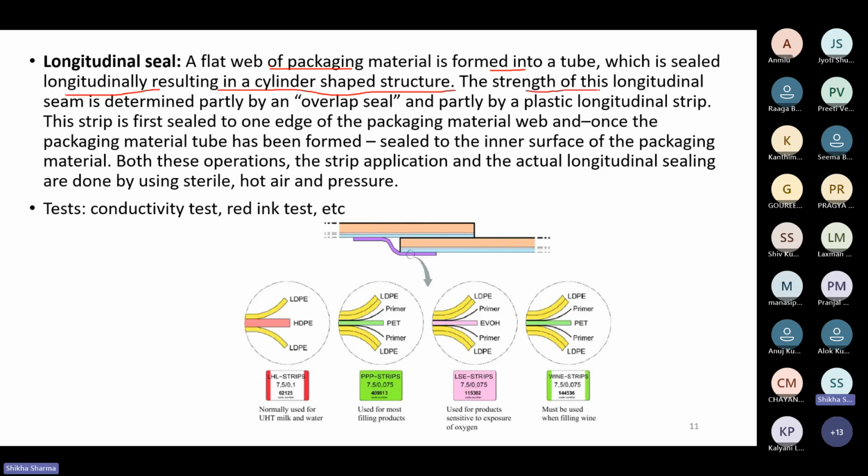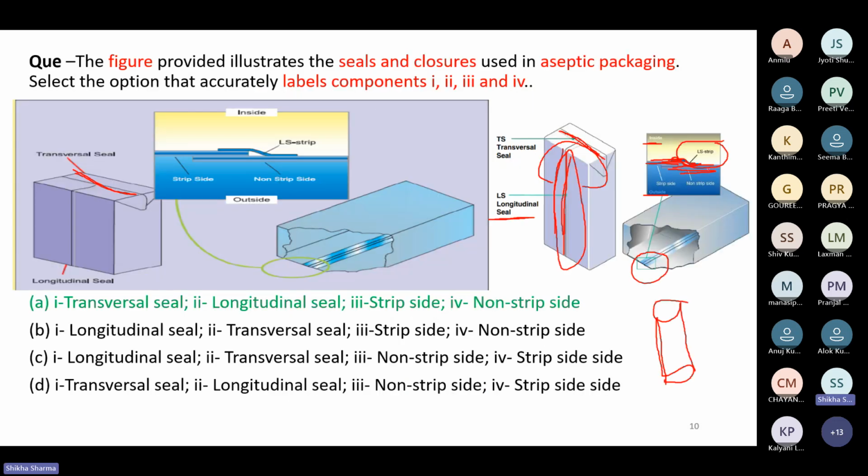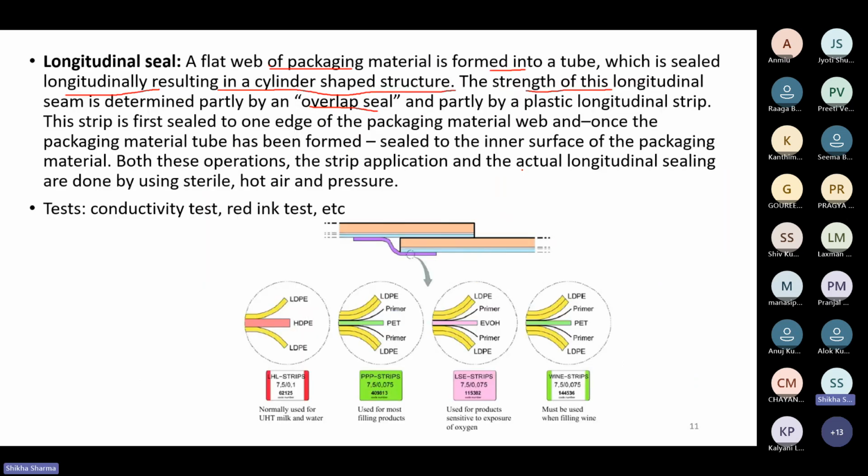The strength of this longitudinal seam is determined partially by an overlap seal. So this is the overlap seal here. Its strength depends on the overlap seal, and partially on a plastic longitudinal strip. When we seal, we have different layers.